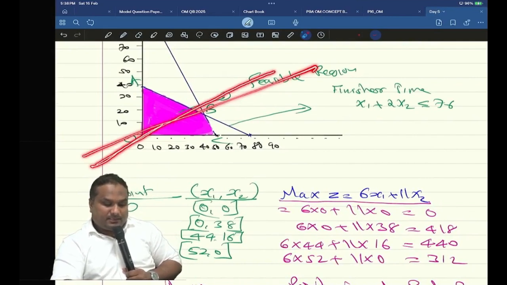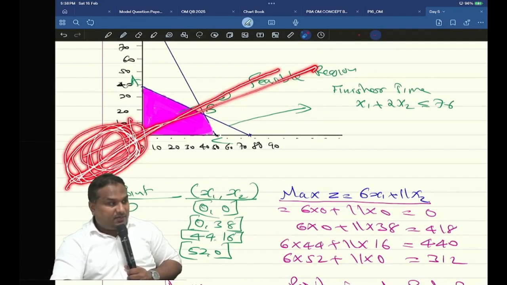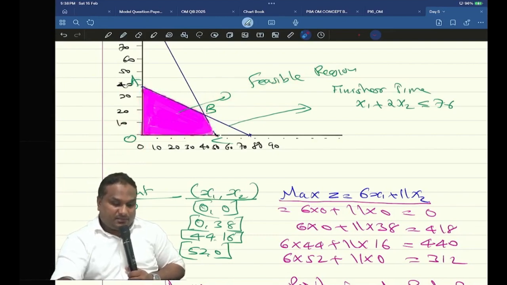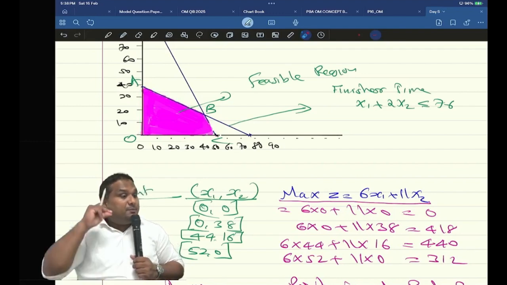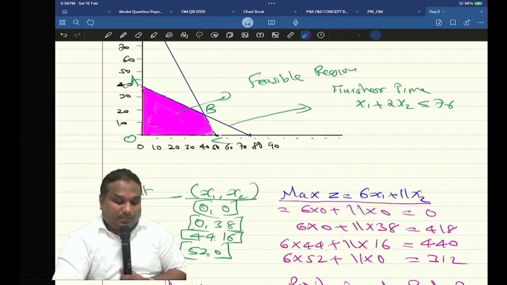Some graphs will go to the left side. This is not satisfying non-negativity. These come under the negative area. Production will never be negative. So any solution on the negative side will not come under basic feasible solution. Any solution which satisfies all the constraints and non-negativity is a basic feasible solution. Among the best solutions, the highest profit or lowest cost is called optimal.